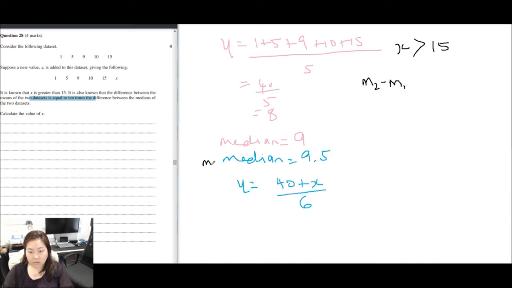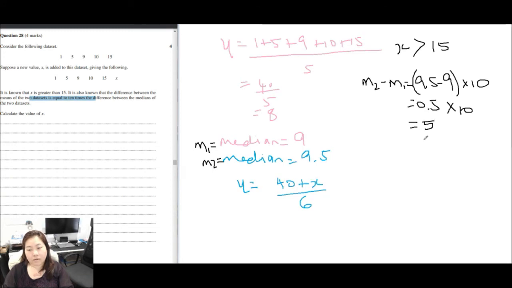I'll call this median 2 and I'll call this median 1 is equal to 9.5 minus 9, which is 0.5. 10 times of this, 10 times of the difference is 5. So it's equal to 5, the difference of these.